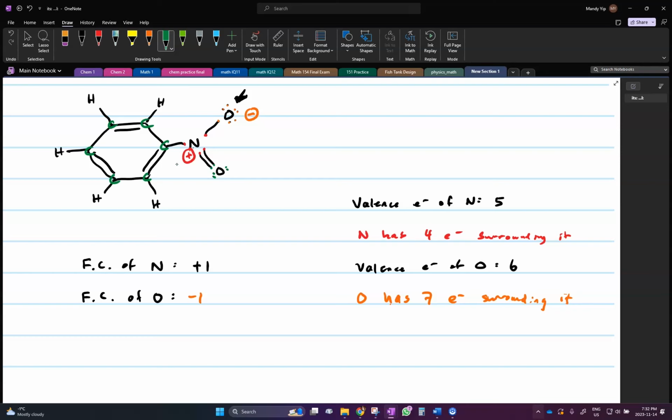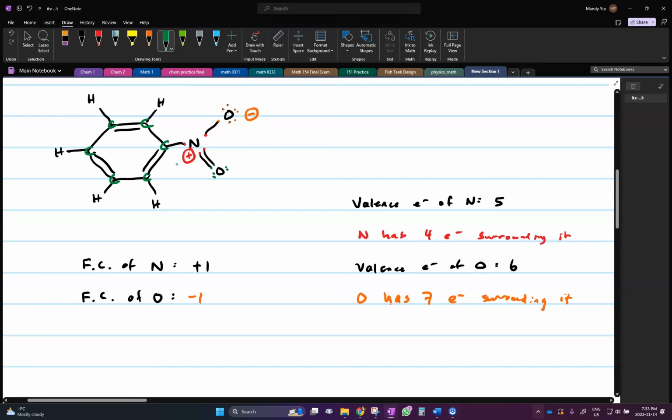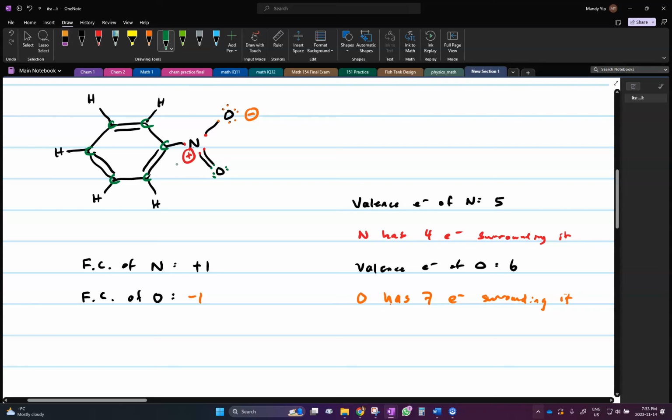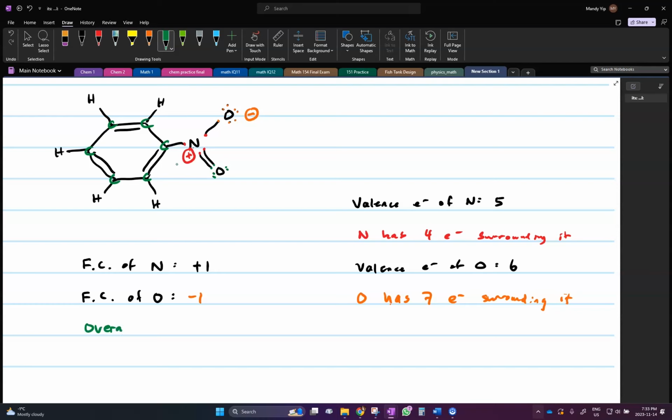And each one of these carbons already has 4 lines coming out of it. And so therefore, they don't have a formal charge, and H only has 1 electron. And so all of these have the formal charge of 0. And that means the only 2 atoms with a formal charge are nitrogen and this oxygen. And so +1 minus 1 equals 0. And therefore, the overall charge is 0.